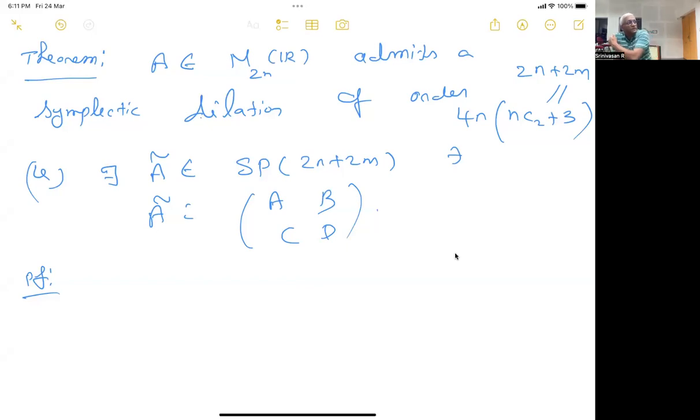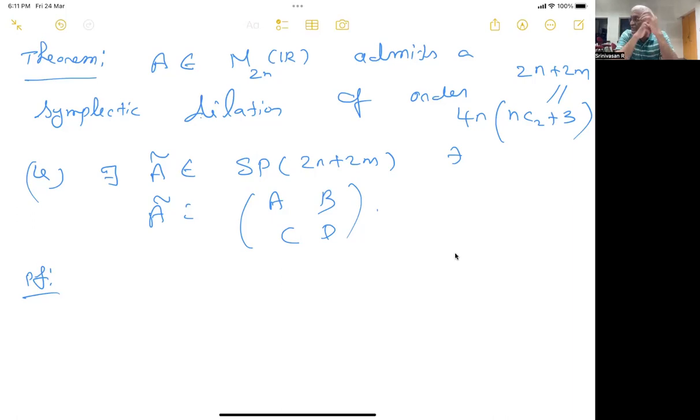Okay. So we have proved that any direct sum of matrices where each entry has a symplectic dilation, and then we proved any convex linear combination of matrices which have symplectic dilation, and any strictly positive matrix, any symmetric matrix, all these things have symplectic dilation, which we have proved.